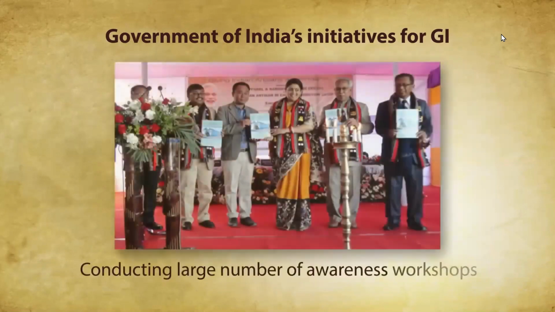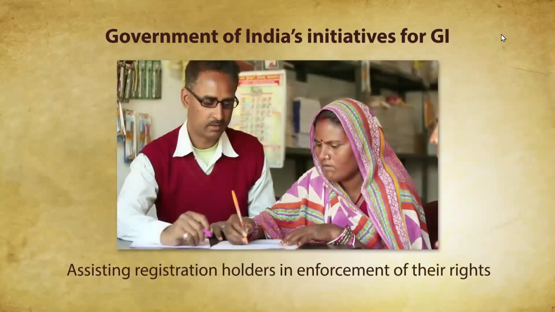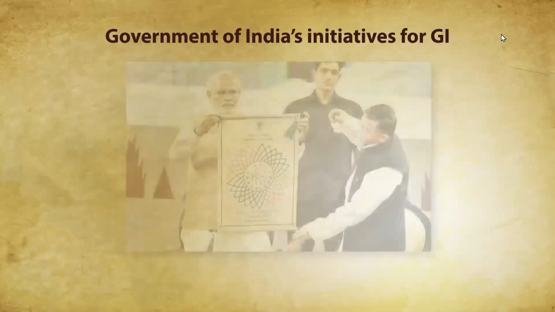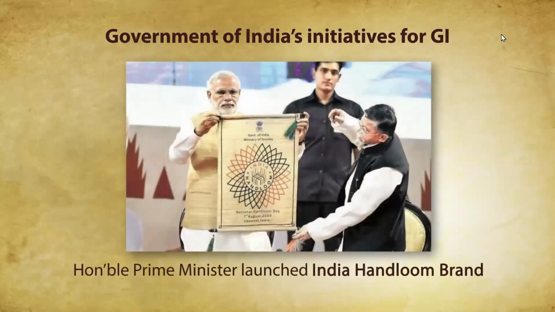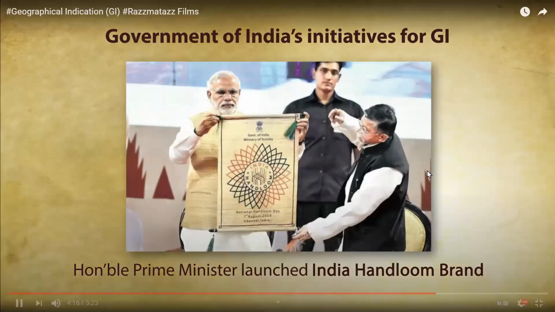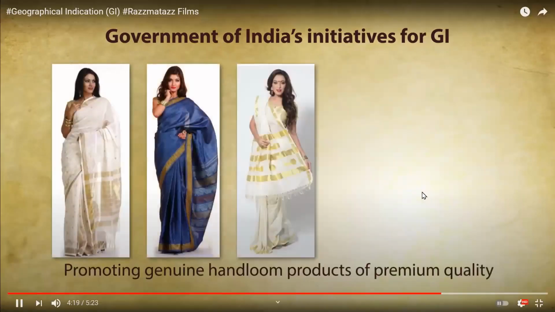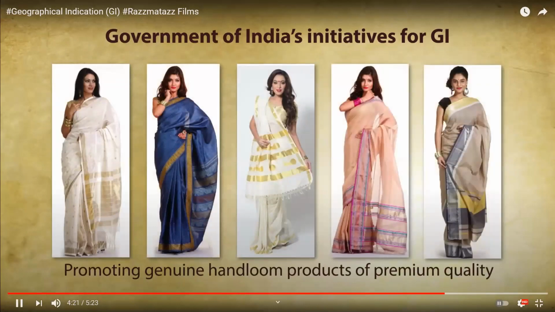The ministry has conducted a large number of awareness workshops and is also assisting registration holders in enforcement of their rights. The Honorable Prime Minister of India launched the India Handloom Brand on the first National Handloom Day, on 7th of August 2015, to promote exquisite, genuine handloom products.